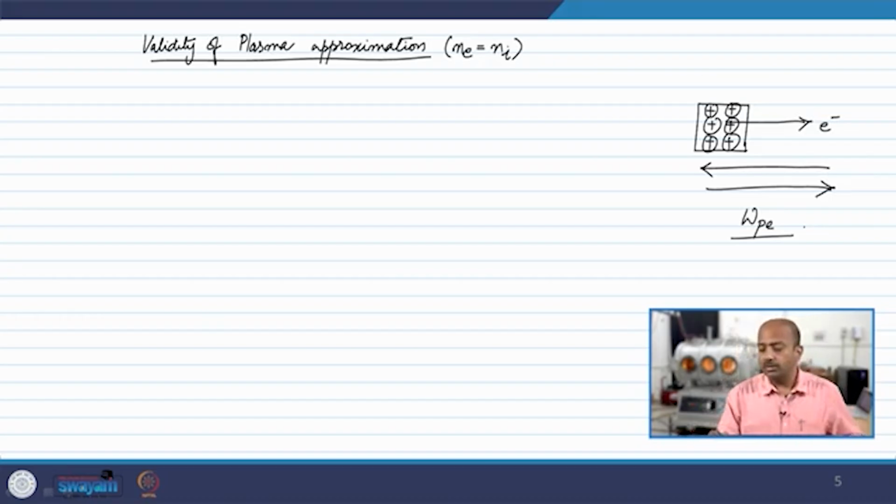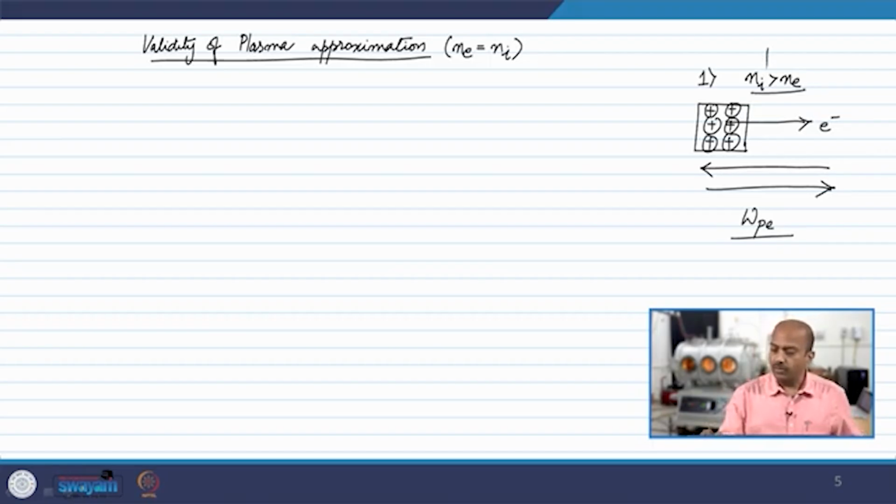Now, this is the initial picture that we have taken, that is basically displacing the electrons away from a region where you are actually creating a number of ions much greater than the number of electrons. This is the initial condition.